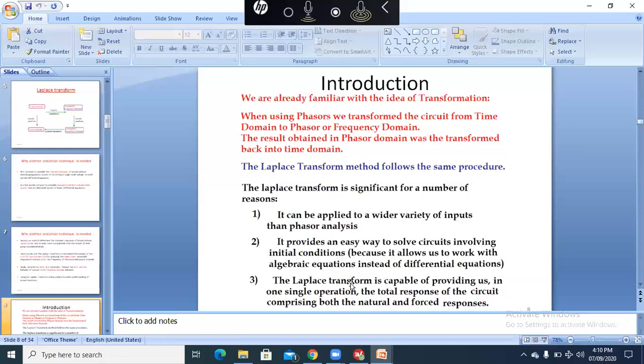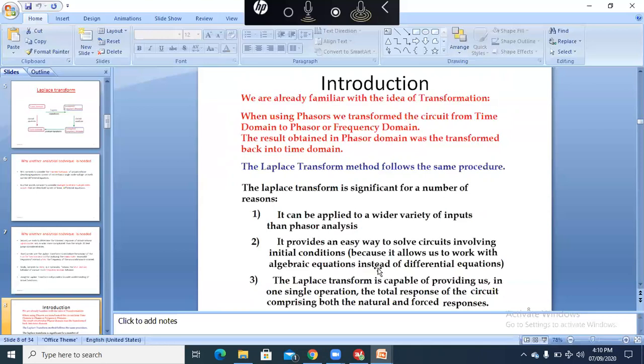Because we know that we have energy storage elements in the circuit, and they have some initial value of energy in the circuit. That initial value should be considered when we apply the input. So at the time of the application of the voltage or current, we know the initial condition of the energy storage elements.